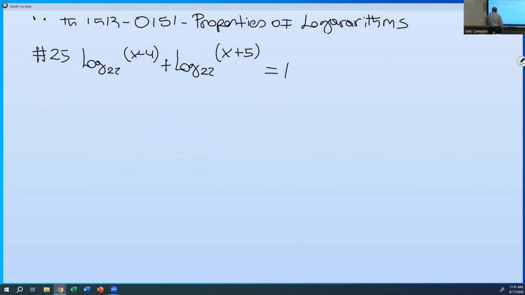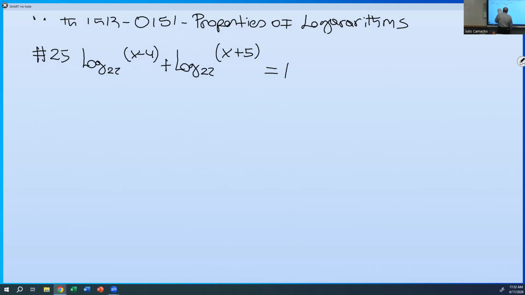Well, here is the same, we have the same base. In the other example, we were multiplying with the same base and adding the exponents.